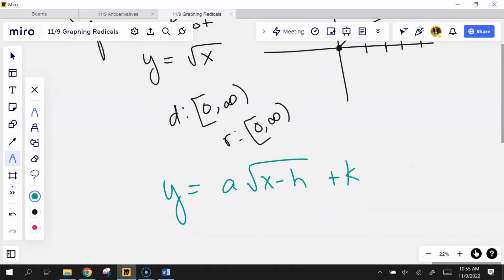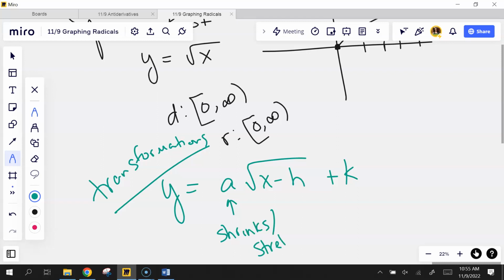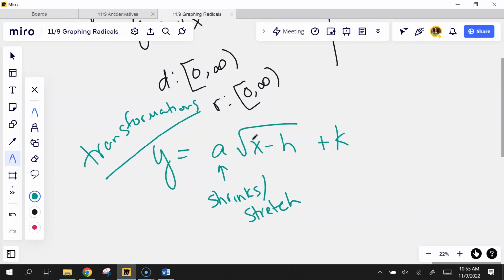This would be with transformations. Tell me, what does the A do? Shrinks or stretches, vertically or horizontally? Vertical. This is a vertical shrink or stretch because it's out in front, right?